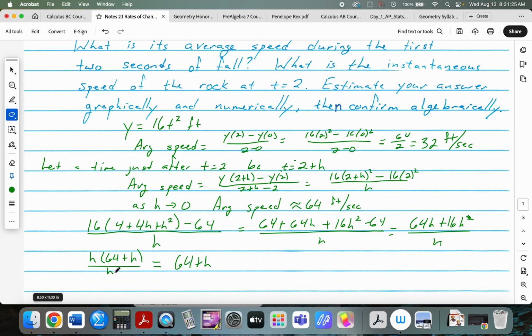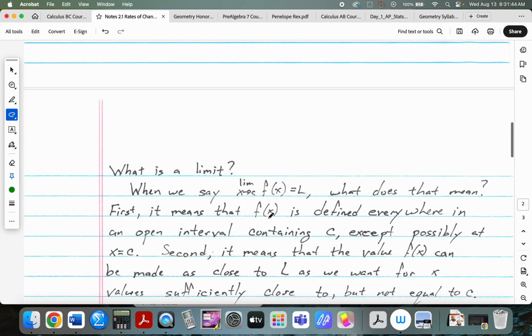When h is 0. Because when h is 0, this is undefined. But everywhere else it is. So when h gets close to 0, this agrees with my idea from earlier, that the average speed is 64 feet per second. All right, let's move along.